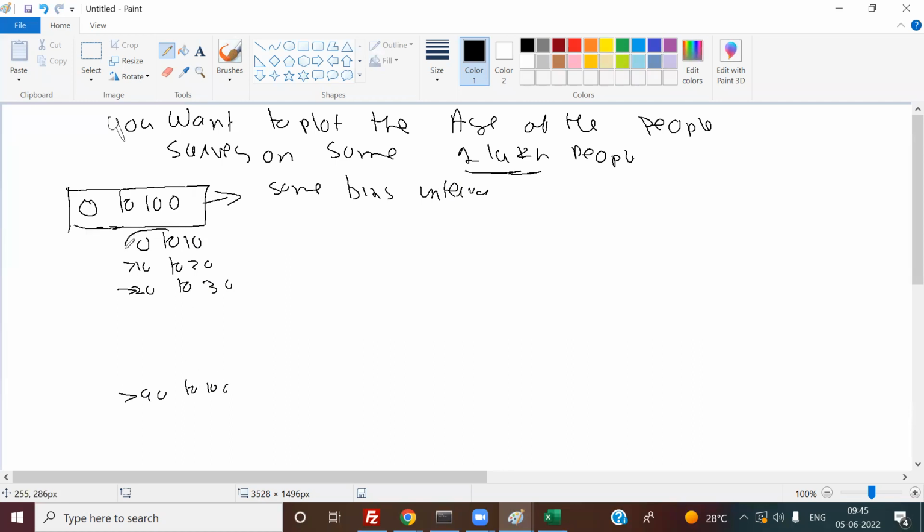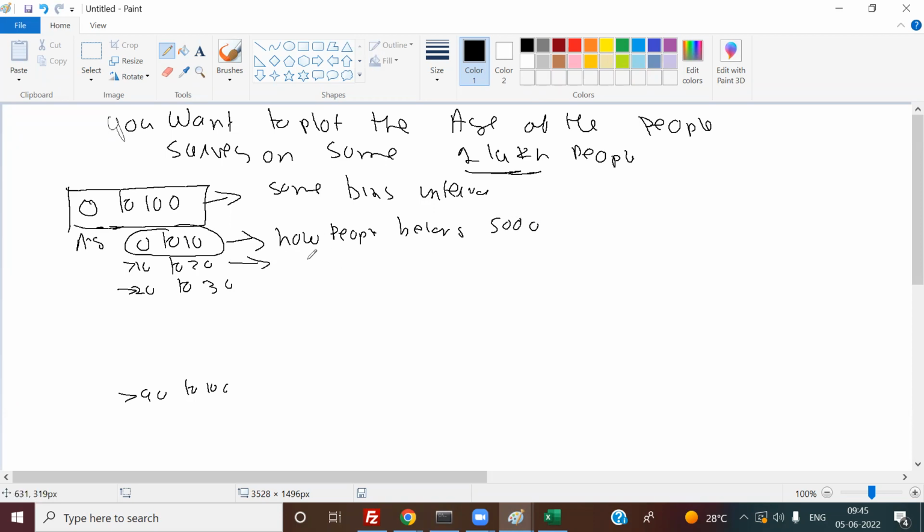And for each interval, I can find how many people belong to that interval. Because I know the age of each and everyone, I can easily get the count. So let's say between the 0 to 10 age group, there are some 5,000 people.